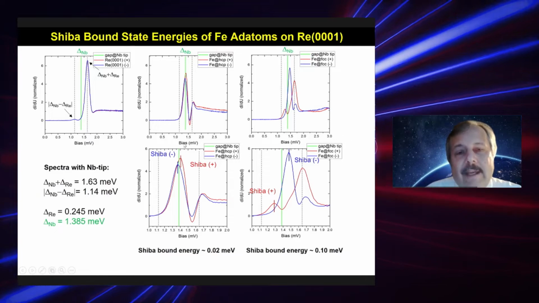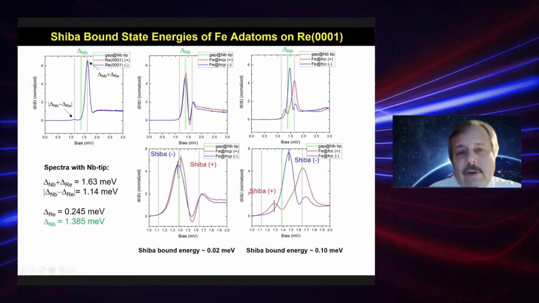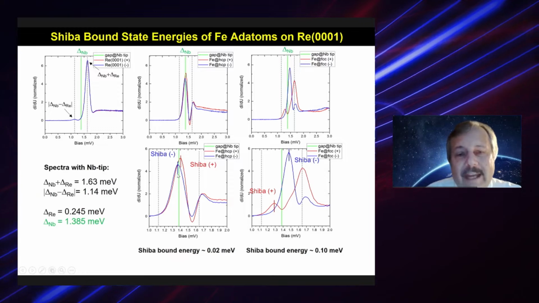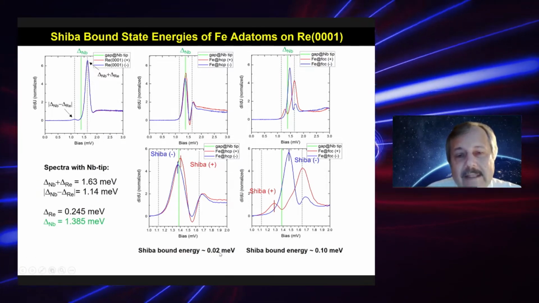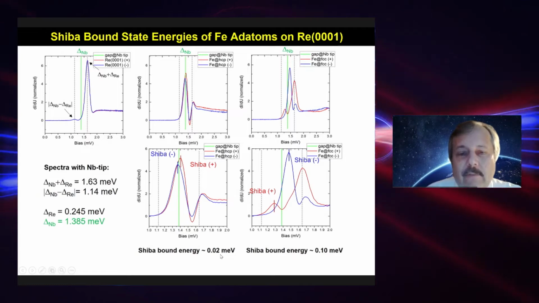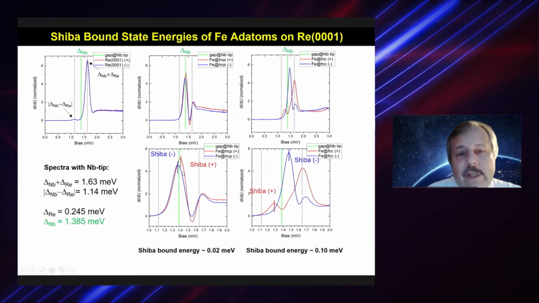And with that, we can really resolve the two components of the Shiba state of the individual iron atom on the HCP adsorption side. But the difference, as you can see here, is only 20 microelectron volts. So you have to have extremely high energy resolution in order to resolve this.